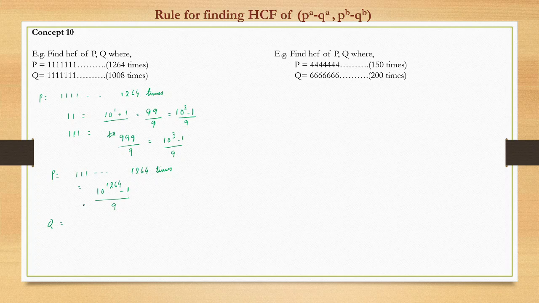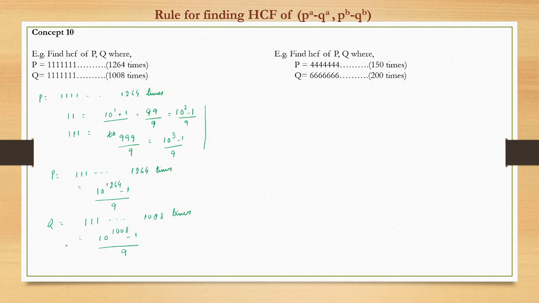Similarly, Q is 1 repeated 1008 times, so Q we can write as 10 raised to power 1008 minus 1 by 9. This is based on the concept we just looked at.